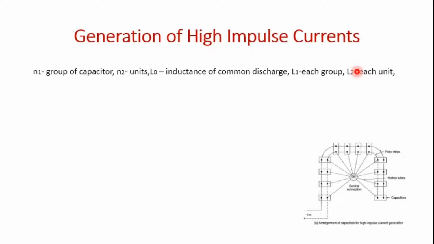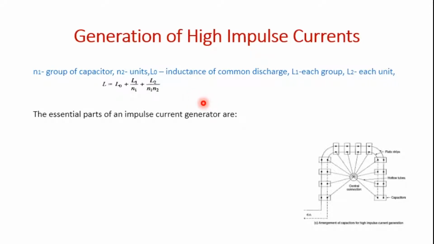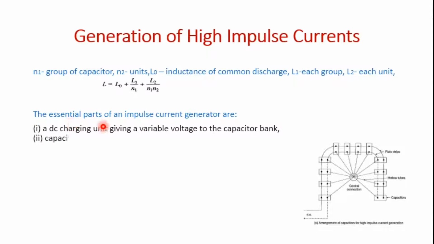Then the effective inductance L is given as L equals L0 plus L1 divided by n1 plus L2 divided by n1 into n2. The capacitors are arranged in a horseshoe-shaped layout to minimize the load inductance.